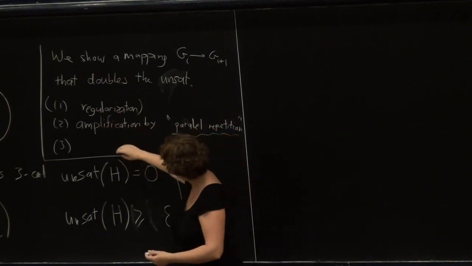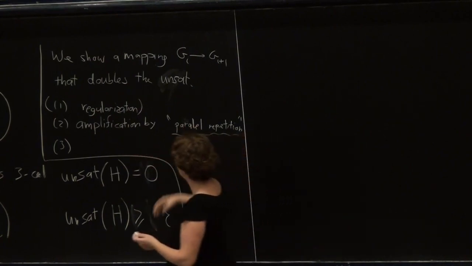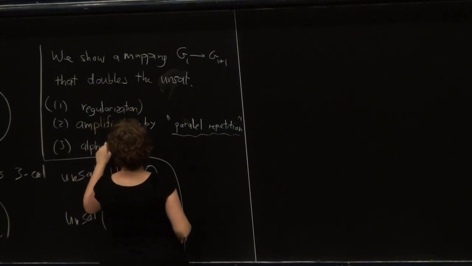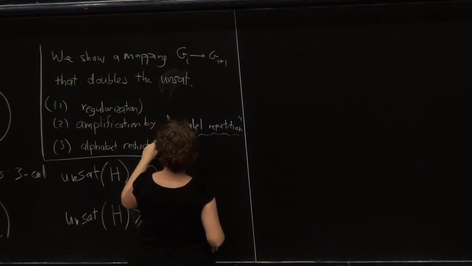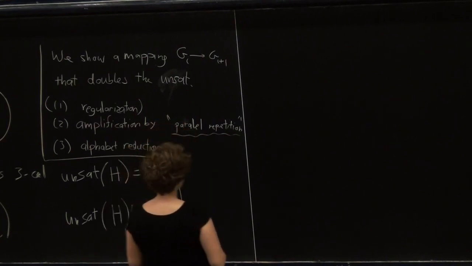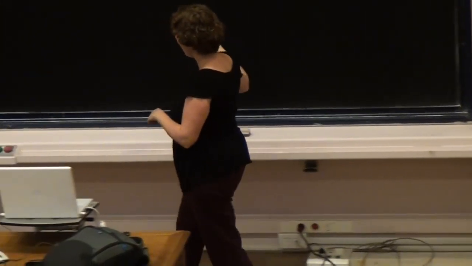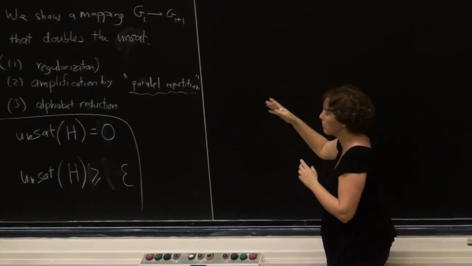And then the other main step is, I guess, call it alphabet reduction. Okay, so let me now show you what these 2 steps are concretely, and then I will try to explain why we call them these things. And then tomorrow we will prove, or at least sketch a proof of why these things work.